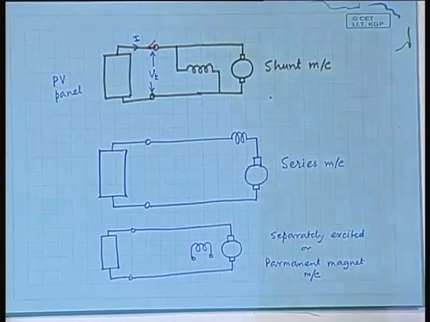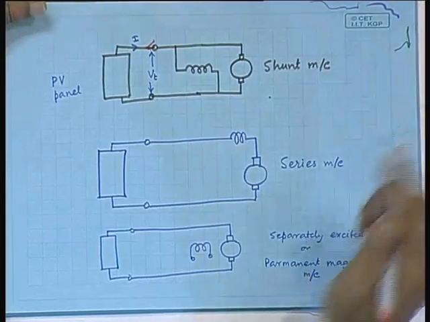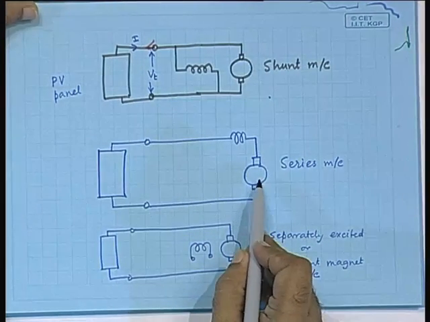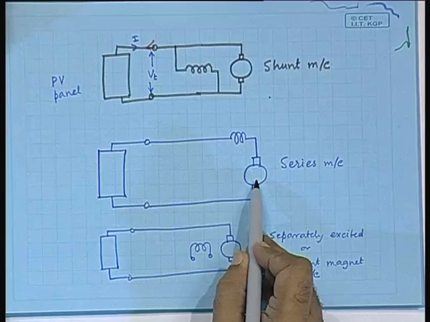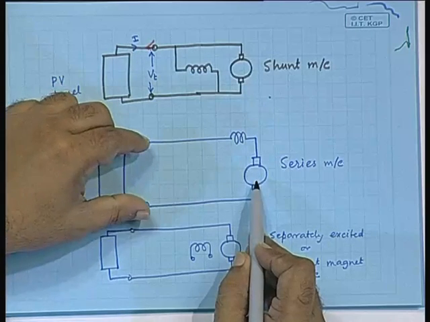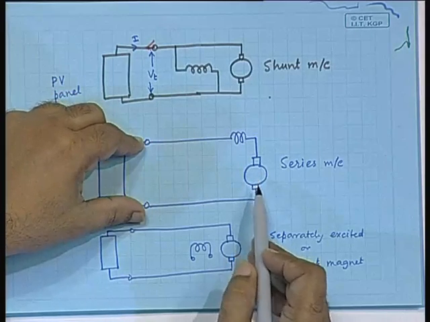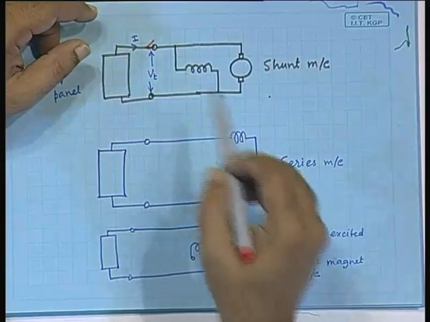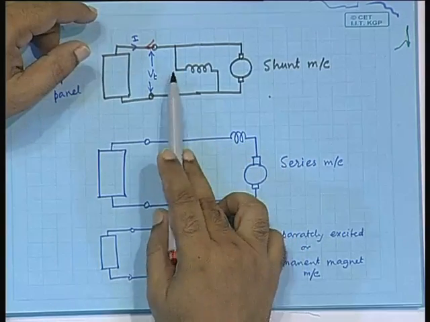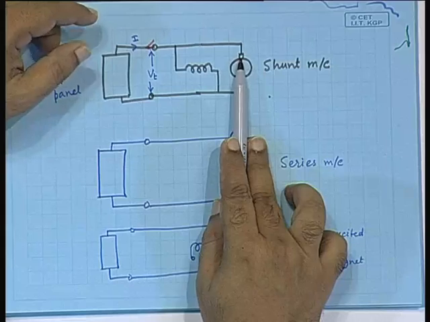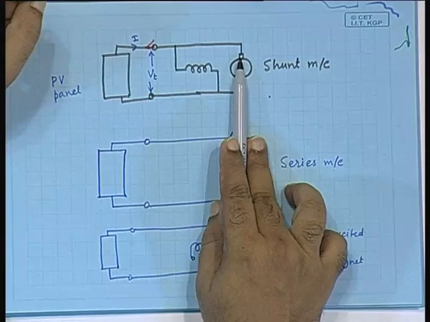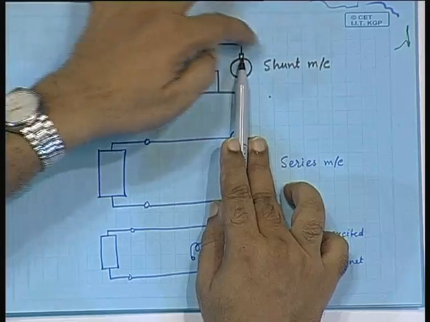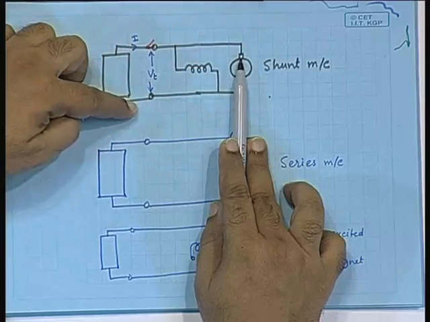Okay. But the same problem will not occur in case of the series machine, because when it is giving 0 back EMF, still you have the current coming. In case of the constant voltage supply, you need to connect a series resistance here, because at that time the armature resistance is very small, there is no back EMF, therefore, a large inrush current flows through the armature.